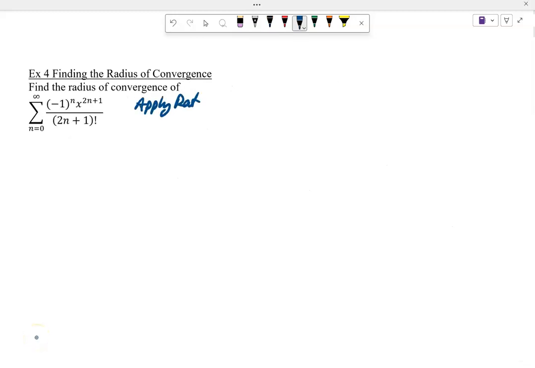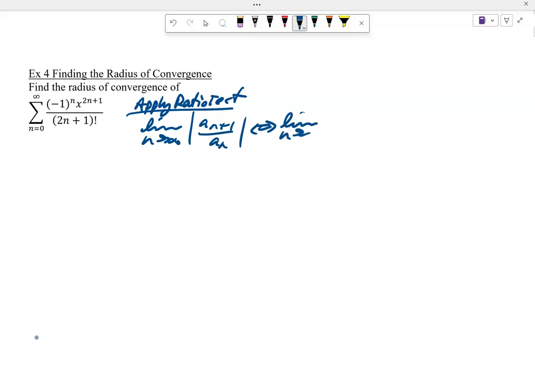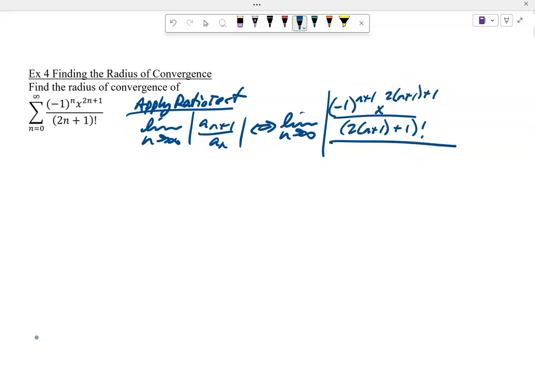Let's go ahead and apply the ratio test here. So we got -1 to the n plus 1, x to the 2n plus 1 plus 1 over 2n plus 1 plus 1, all divided by the original.